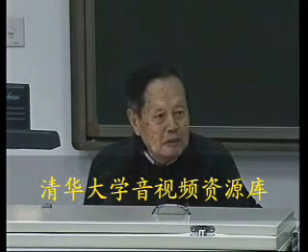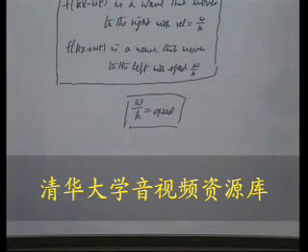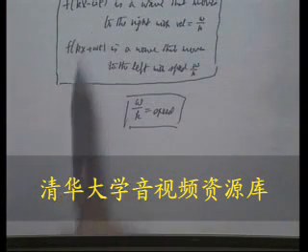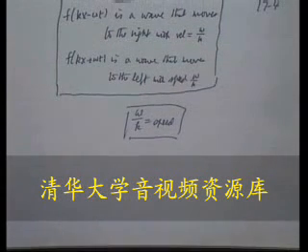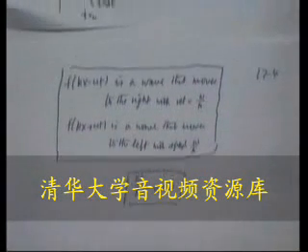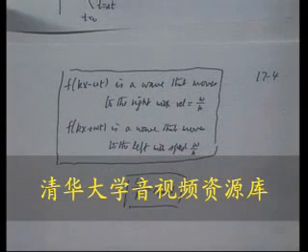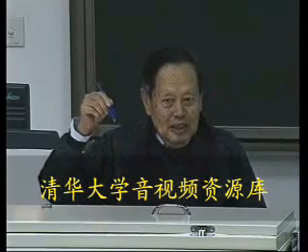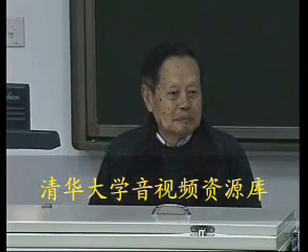Notice that the shape of the wave is not changed. Either f of kx minus omega t or f kx plus omega t, they represent waves which move to the right or to the left without change in shape. No matter how originally it looks like, it doesn't change shape.